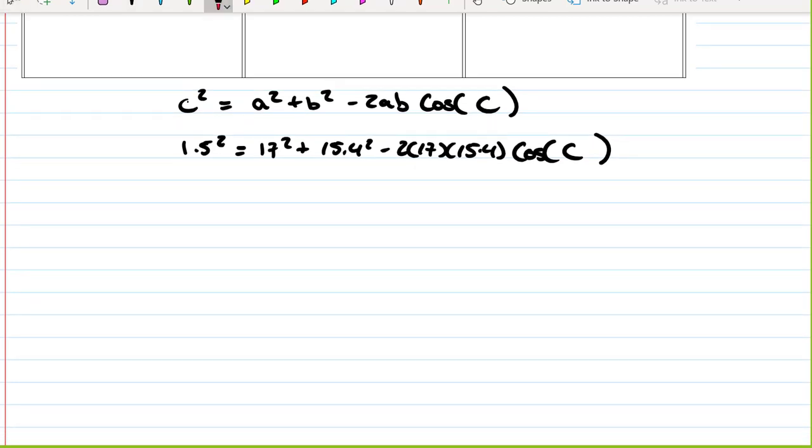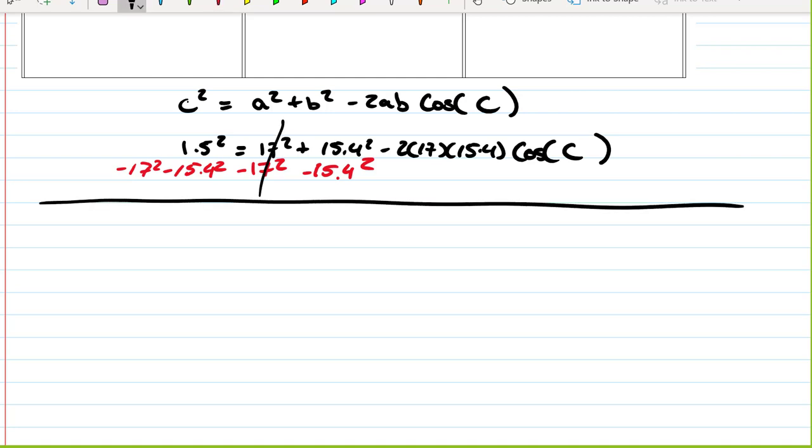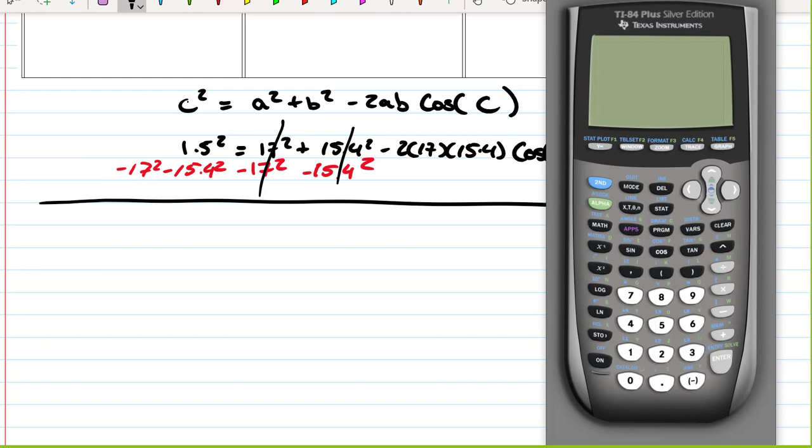So once again, we need to get cosine by itself. So we minus 17 squared and minus 15.4 squared. We'll grab our calculator.